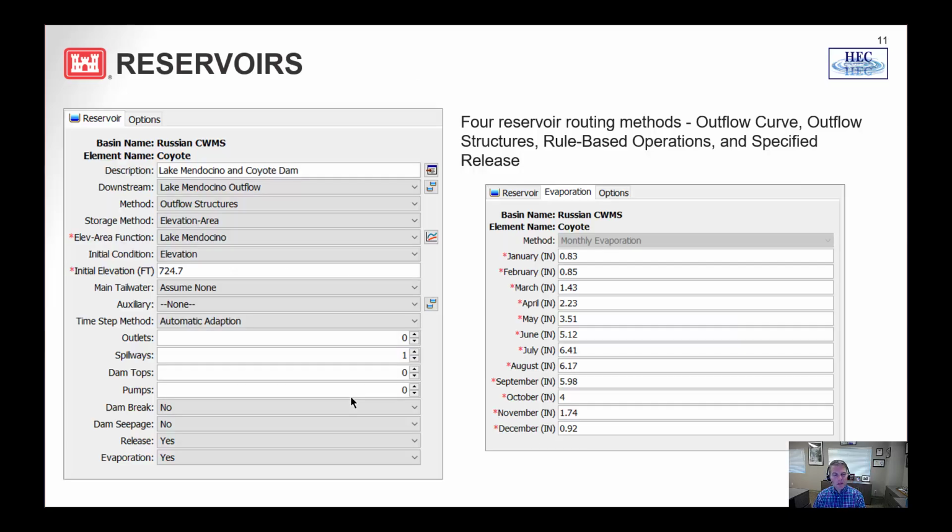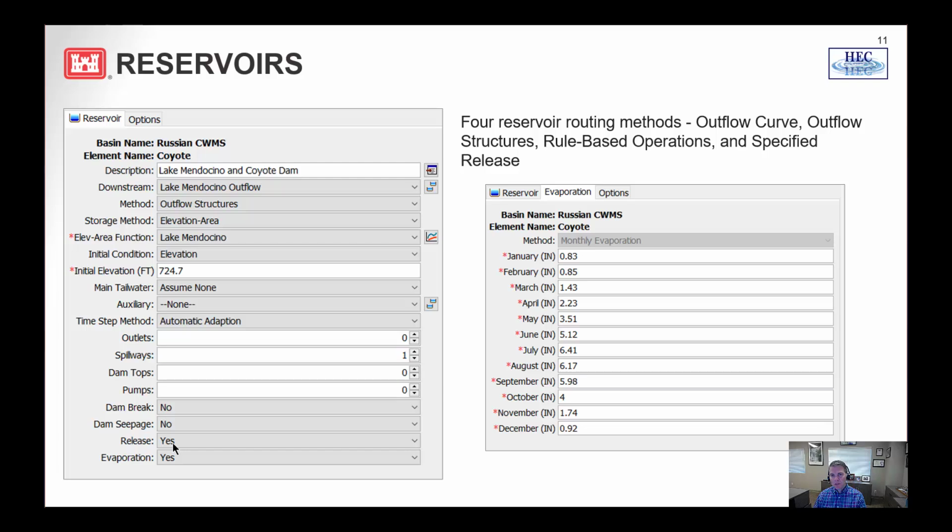All right, reservoirs. With your reservoir elements, you can choose different options for reservoir routing. I'd say most SWMS watersheds are using the outflow structures option, and with that option, they probably have the release set to yes. What that means is you can choose a discharge gauge and set that as the outflow for that reservoir element.